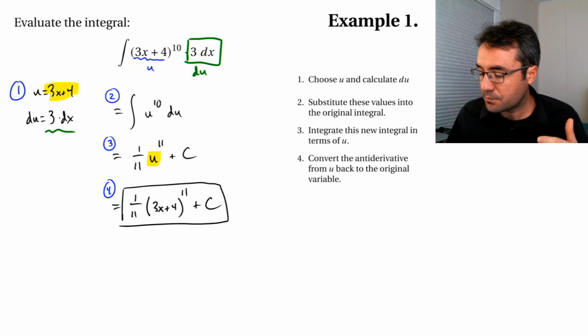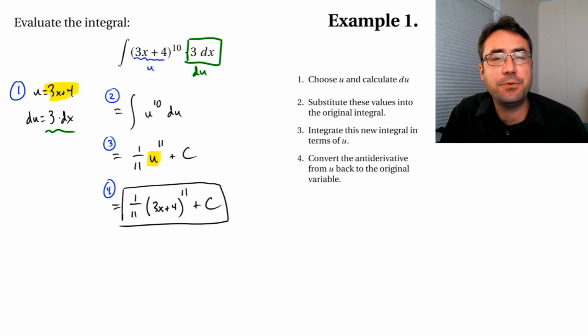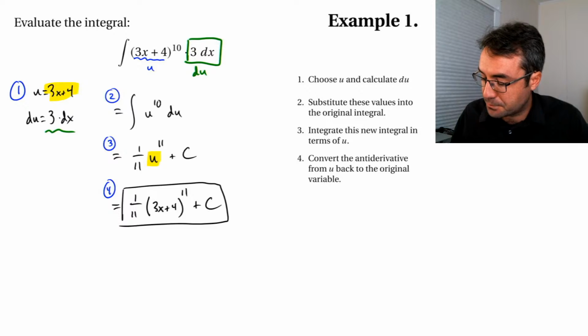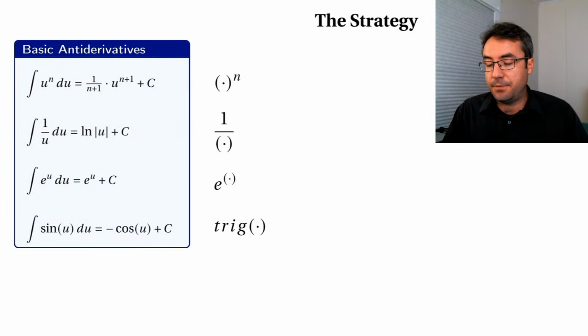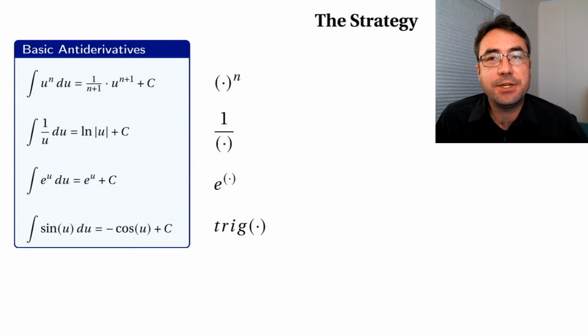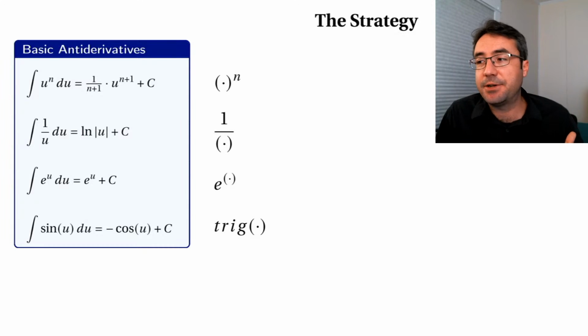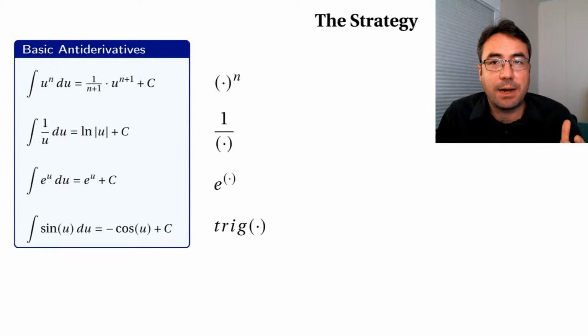I'll introduce a few different strategies as we go through the lecture today and next time. But the main strategy is to look for an inner function, and to have some of the basic antiderivatives in mind when you're looking at these problems.